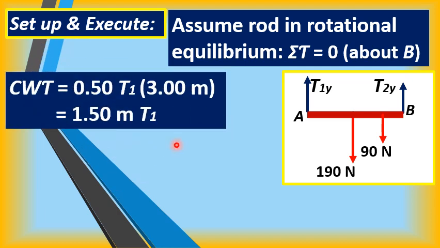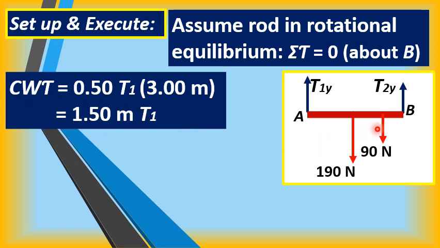We can say that the torque that causes the body to rotate in clockwise direction, we write it like this, CWT, which means the torque that's causing the body to rotate clockwise.